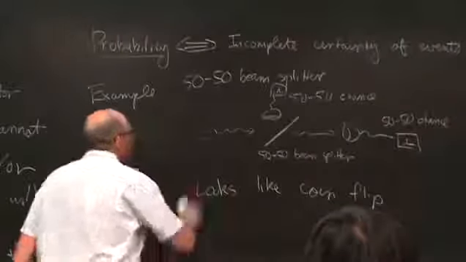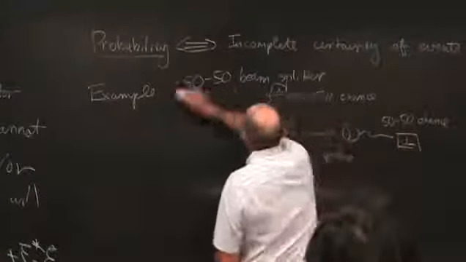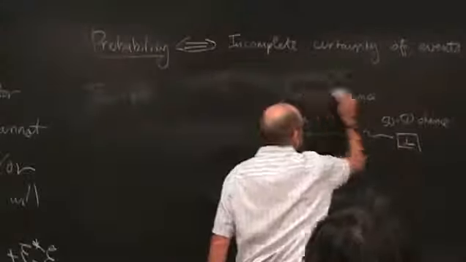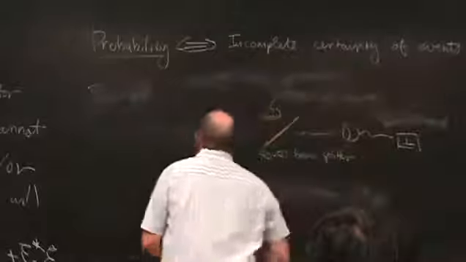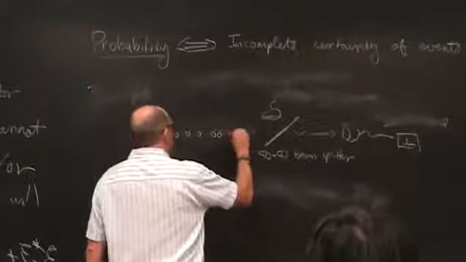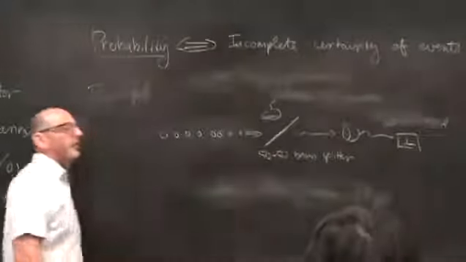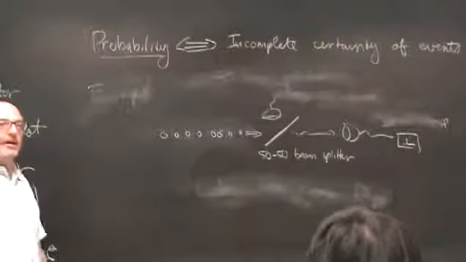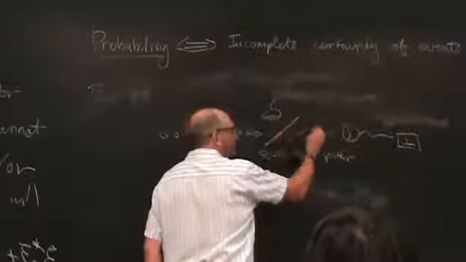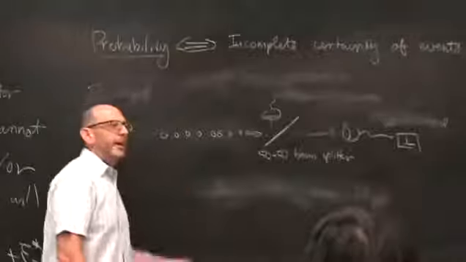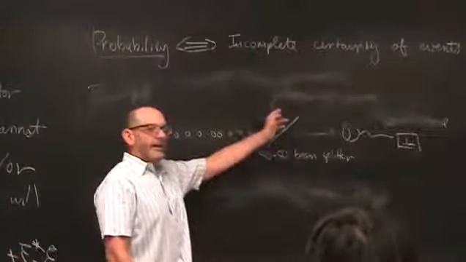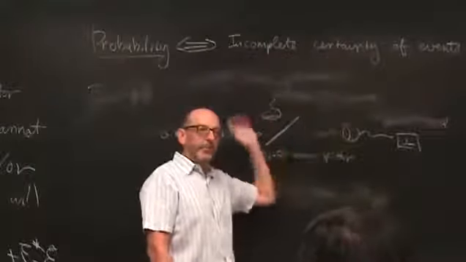Because if I were to look at this, what I would say is that I might think about this as some random stream of particles impinging on here, which sometimes go here and sometimes go here, okay? On any event, I either see a click here or a click here, never both.